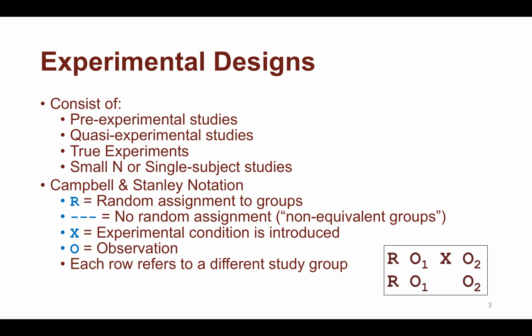In the second row, this is what we'd refer to as the control group. So basically the exact same as the first group, except not being exposed to the experimental condition. So that just gives you an introduction to the notation scheme that I'll be referring to throughout this video.